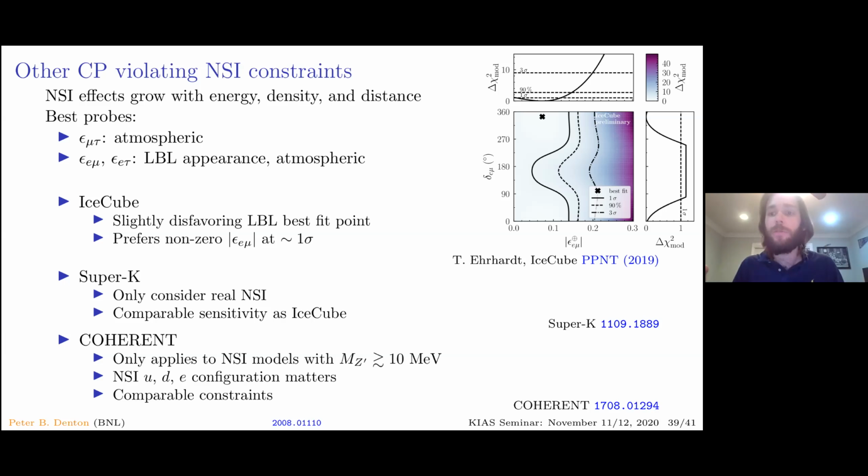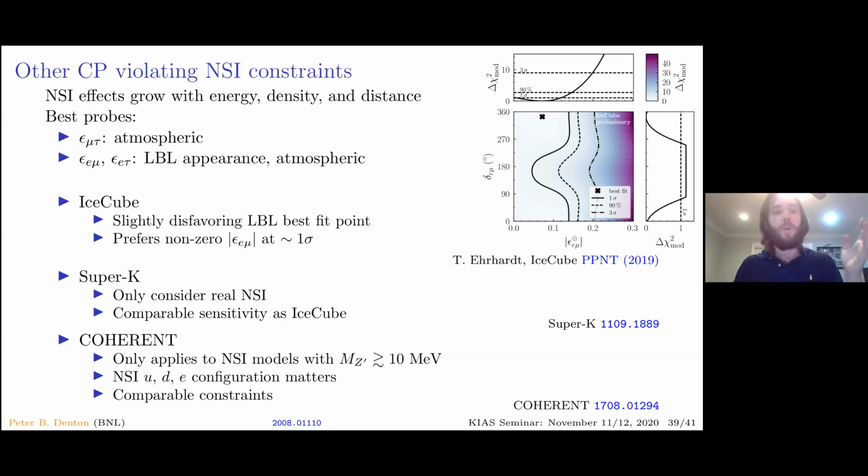So atmospheric neutrinos is a great place to look, and they provide excellent constraints on epsilon mu tau. In fact, they're way stronger than what you would get to explain this, which is why I didn't show it earlier. And then for epsilon e mu and epsilon e tau, the best place to look is long baseline appearance, right? NOvA and T2K. But of course, they're seeing some hints of this. So you would need something else, and atmospheric does an okay job there as well.